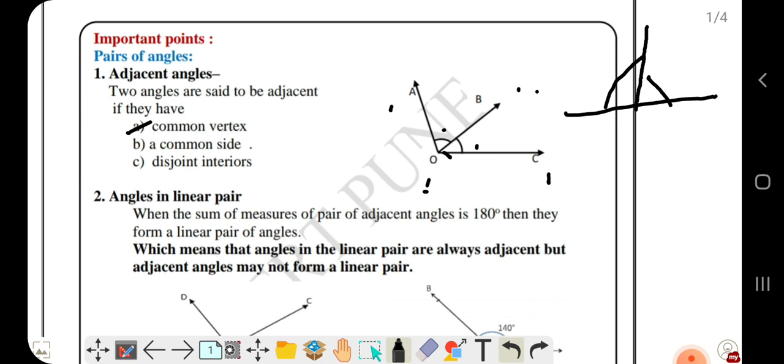Here we can see these two interiors, angle BOC and AOB. These two sides are joined on point O. That is why these two angles are called adjacent angles.